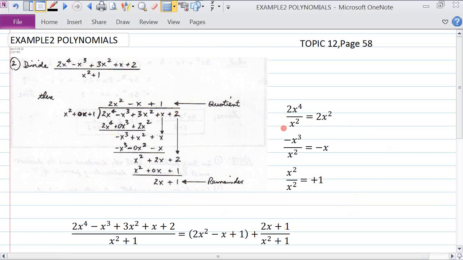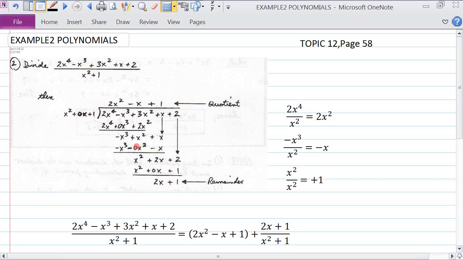Now, what I did was I said minus x cubed divided by x squared gives me minus x, and I got minus x here. Now I'm going to multiply this: minus x times x squared gives me minus x cubed. Minus x times 0x gives me 0x squared.